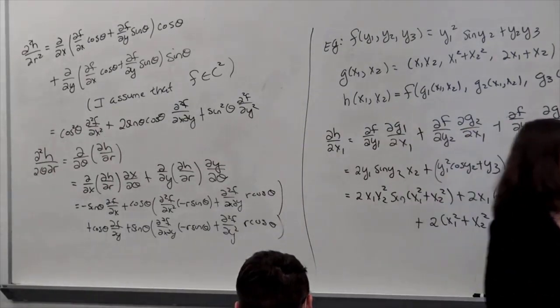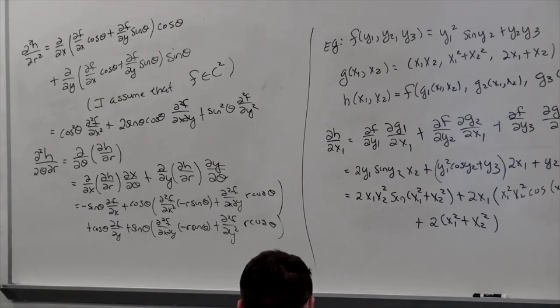All right, and then there was one other second partial, which I am going to write down the answer but not the calculation, because the answer is going to be interesting. So we need to take the second partial of this with respect to theta, two derivatives with respect to theta.